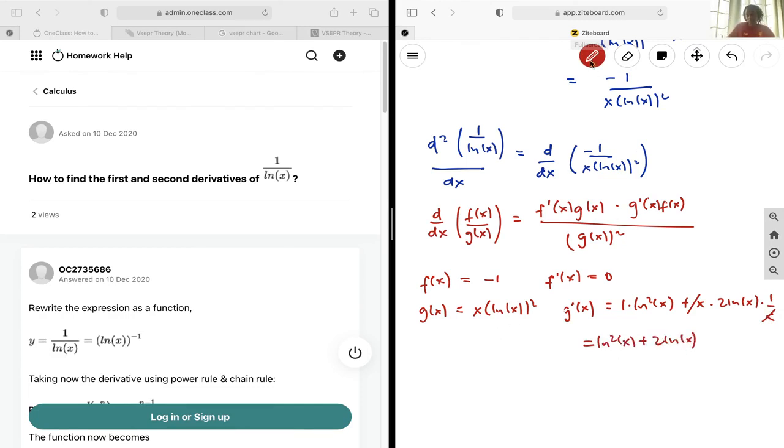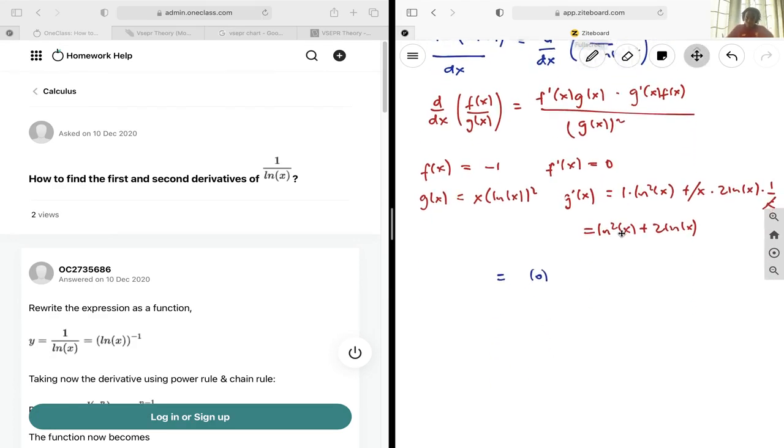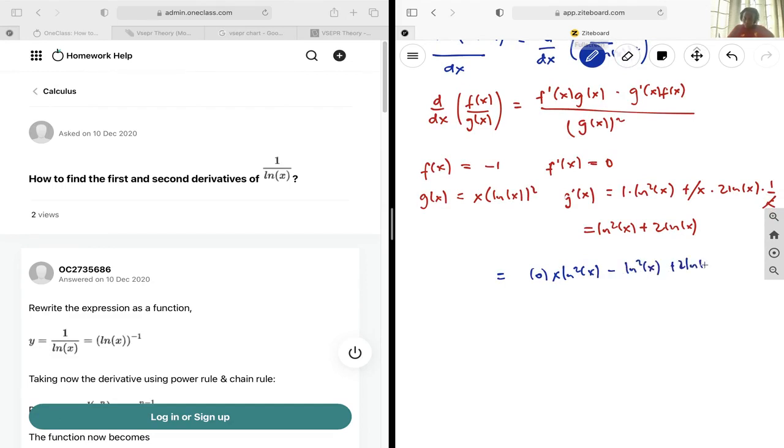We're going to put that all back into the quotient rule. And we will get 0 multiplied by g of x, so x ln squared x, minus ln squared x plus 2 ln x, all multiplied by f of x itself, so -1.